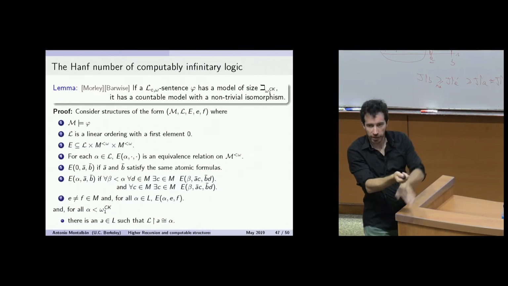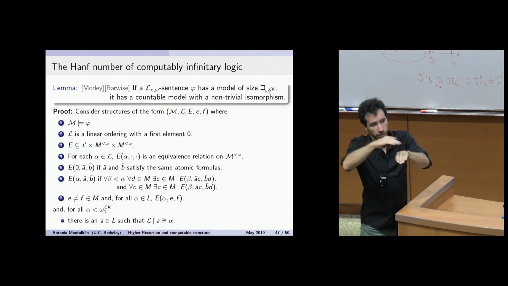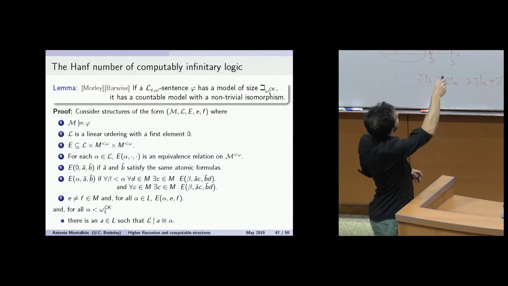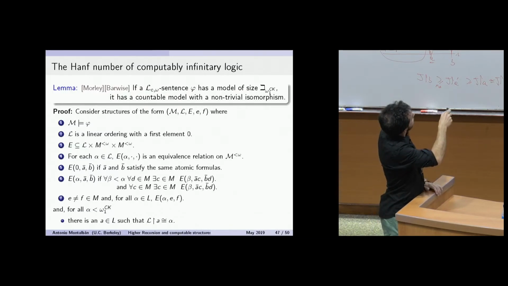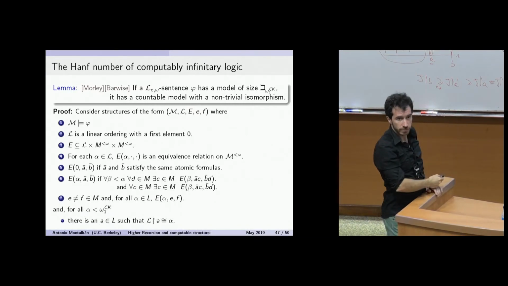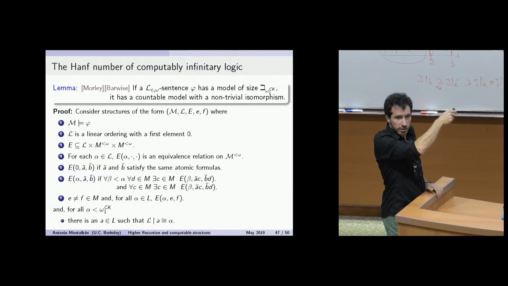So if you can define equivalence relations up to beta, all the way below alpha, you can define at alpha, and you define them one by one. So if you have a well ordering, you can easily make a model that satisfies 1 to 6. What you don't know is that there are going to be two elements which are different, but still equivalent for all alphas. That doesn't necessarily need to happen. Maybe you get to alpha and they are all inequivalent at level alpha.